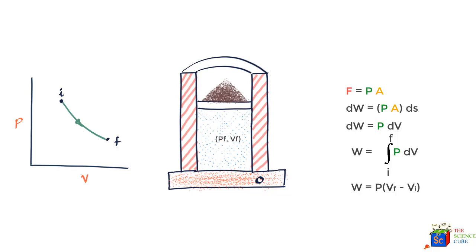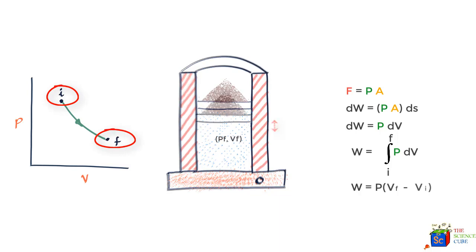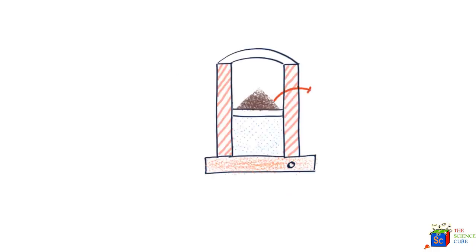So let us discuss a few paths where we take the gas from initial position I to final position F. So the most common path you will see in physics textbooks is this, where the volume is allowed to expand by removing grains of sand slowly.